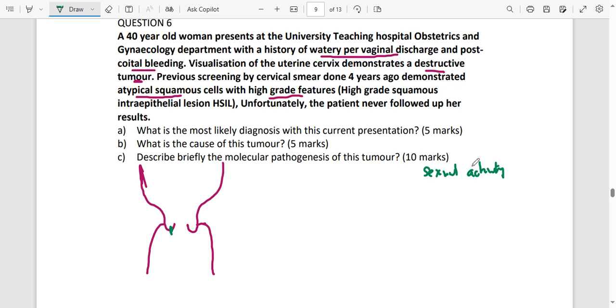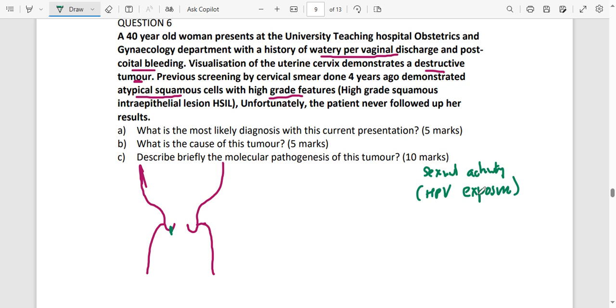And it's not the activity itself, because normally males have got this HPV virus, and it's just there. It's not causing any problem. The HPV, you have got high risk and low risk. So after this activity, there's going to be HPV exposure. The female genitalia is going to be exposed to the HPV virus.